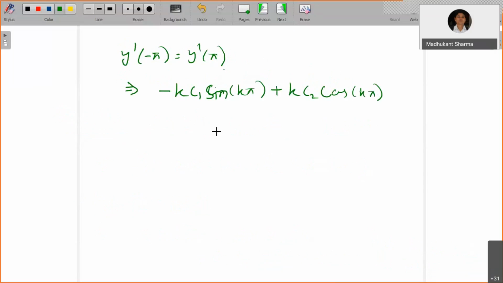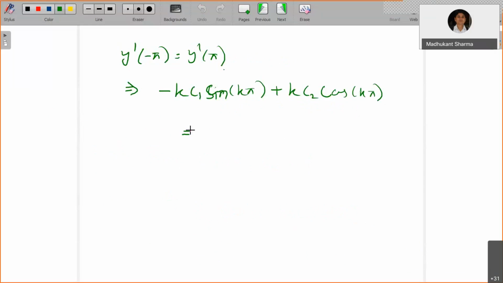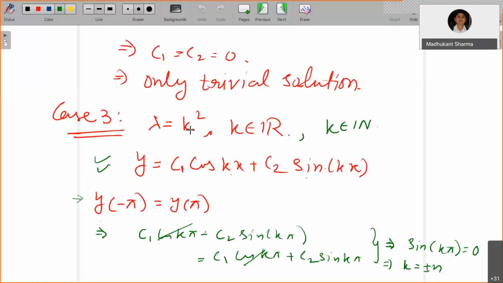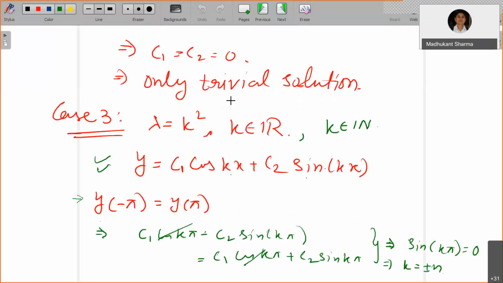Equal to y dash at pi. What is y dash from here? y dash is k times C1 sin kx with minus sign, plus k times C2 cos kx.